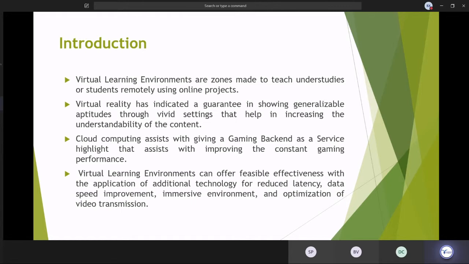Electronic communication also plays a major role in the impact of a virtual learning environment. Electronic communication generally includes email, threaded discussions, chatting platforms, web publishing, etc.